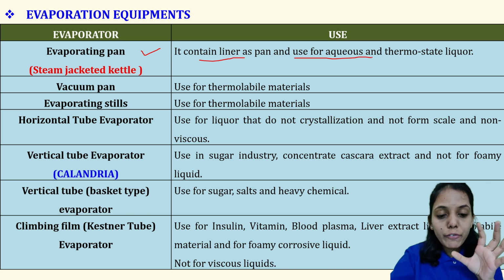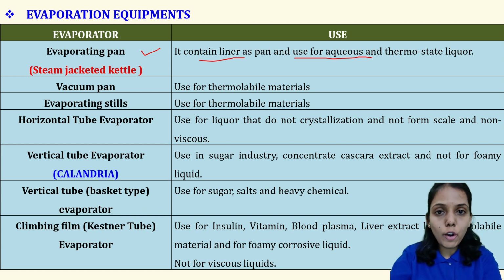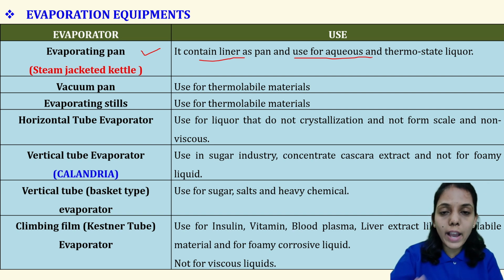If we apply vacuum, the boiling point will be reduced, so they will start evaporating at a lower temperature. So instead of subjecting them to higher temperature, we are using vacuum, because vacuum will reduce the boiling point of that substance. Next is evaporating stills, again used for thermolabile materials.